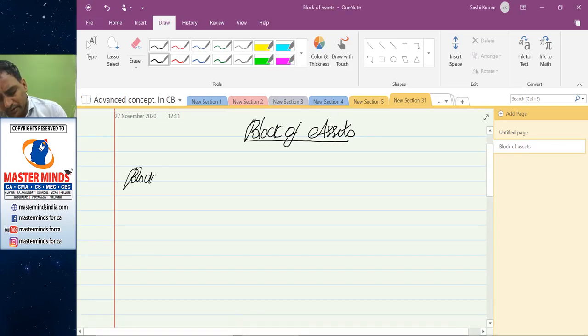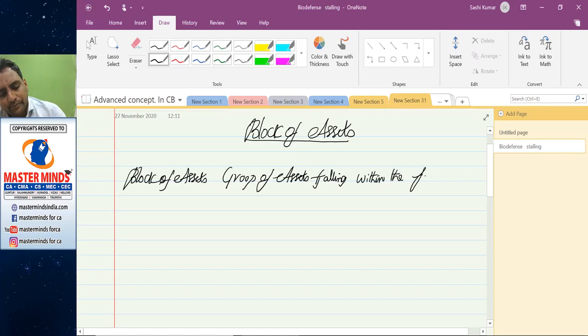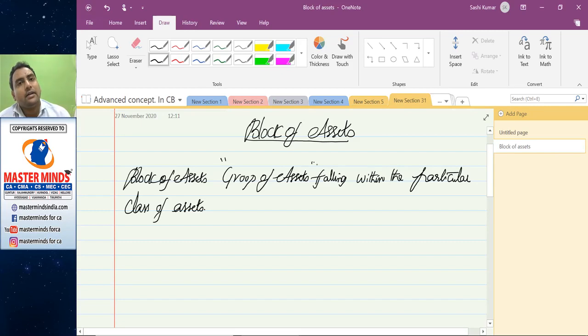Block of assets means a group of assets falling within a particular class of assets. So, a group of assets within a particular class of assets.